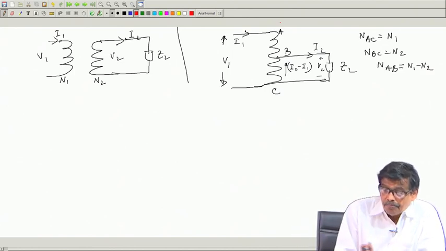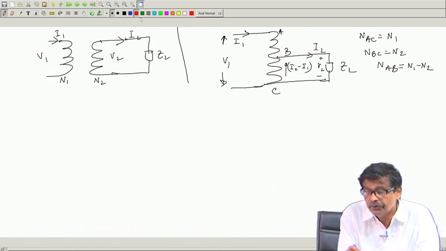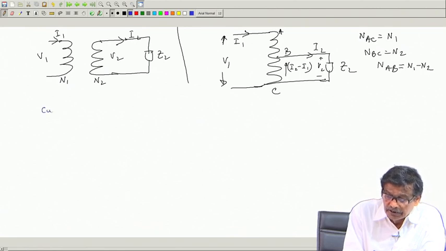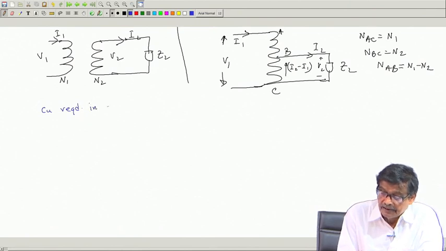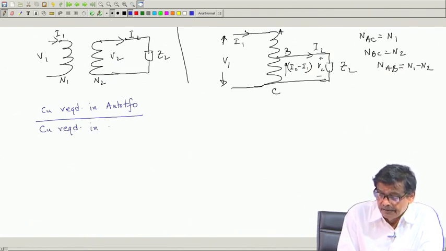Okay. Now, what I will do is this, I will find out the ratio of these two quantities: copper required in auto transformer, divided by total copper required in two winding transformer.